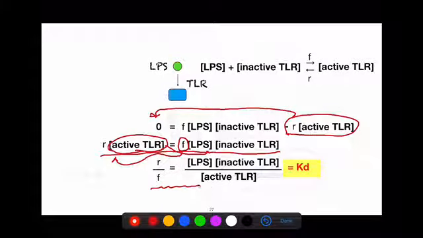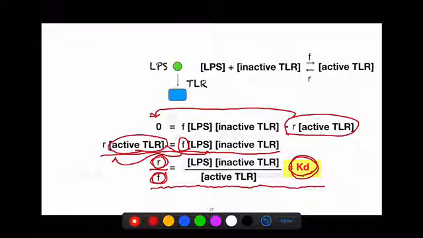And after the rearrangement, we have this, which is R over F equals concentration of LPS multiplied by concentration of inactive TLR divided by active TLR concentration. And that, as you know, is the definition for the dissociation constant. The reason why this is called dissociation is because this is a ratio of the reverse rate over the forward rate. As you know, the reverse rate is about dissociation.